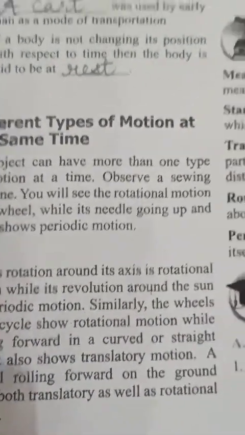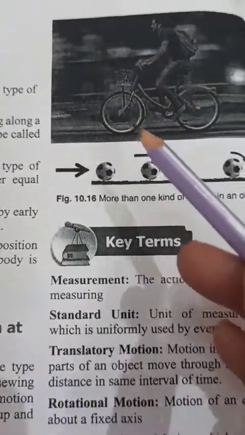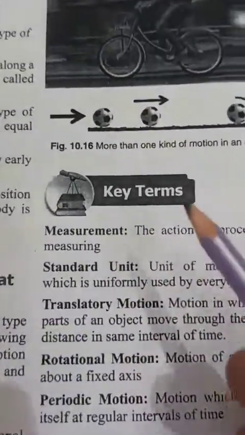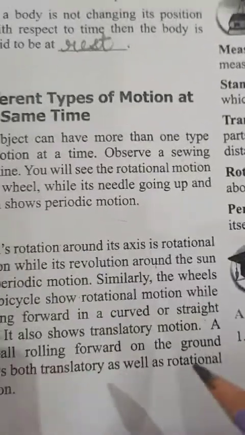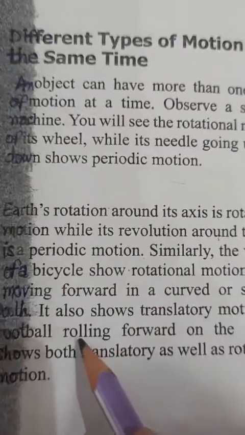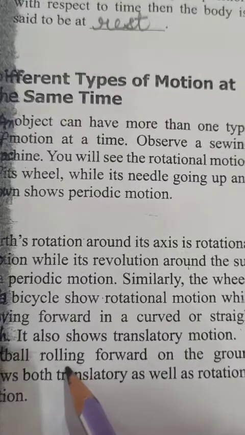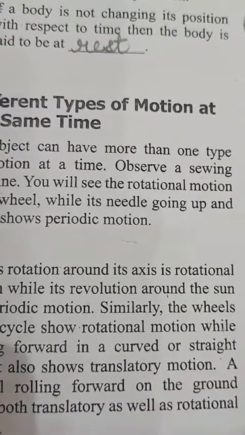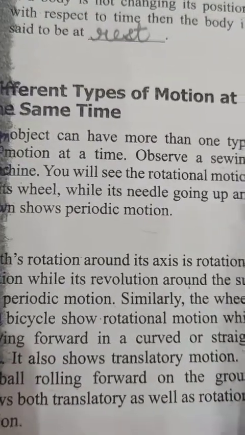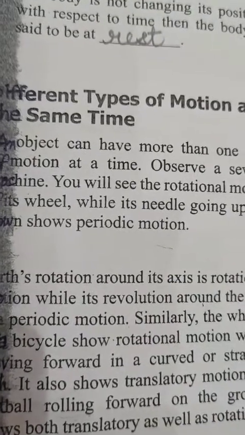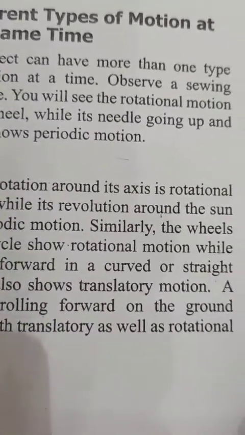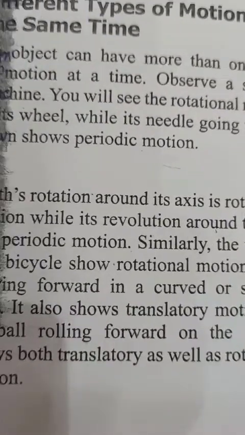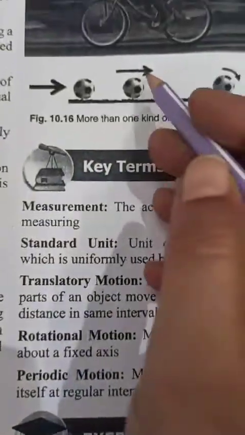I have explained through the diagram that in a bicycle also we can see two kinds of motions, and in a football also, or a moving ball, or we can say a rolling ball, they have written, that also shows two kinds of motions. That is translatory, meaning rectilinear motion, and rotational motion here.